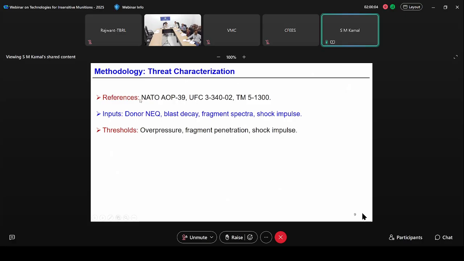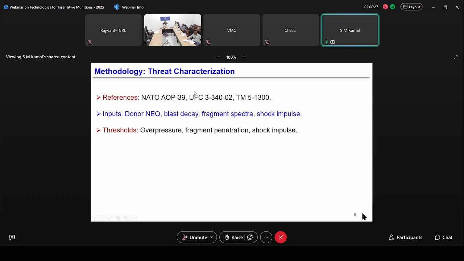So coming to the methodology, again, the threat characterization. Here we are going to consider a group of munitions or explosives. At this stage we are not considering any specific explosives. Here we need the suggestions of a DRDO laboratory, or we'll also get some guidelines from references like NATO AOP 39.